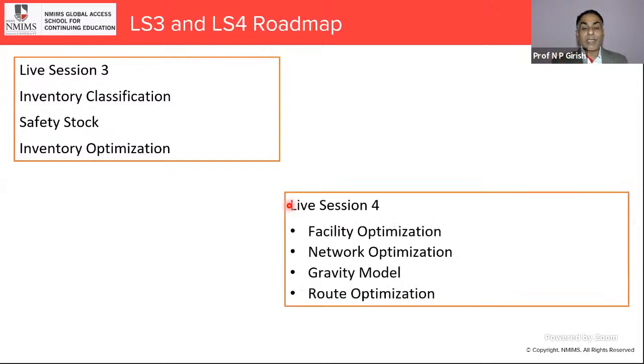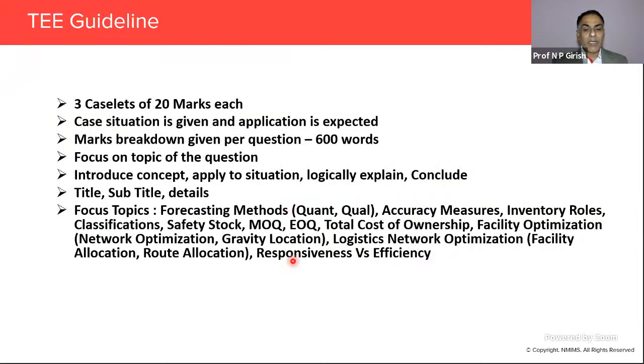What we need to cover today is facility optimization, network optimization, gravity model, and route optimization. We'll see them one by one. They all cover the situation of when you set up a warehouse or a DC or a factory: how is the connection happening between the point of supply to the point of consumption, and the route thereof.